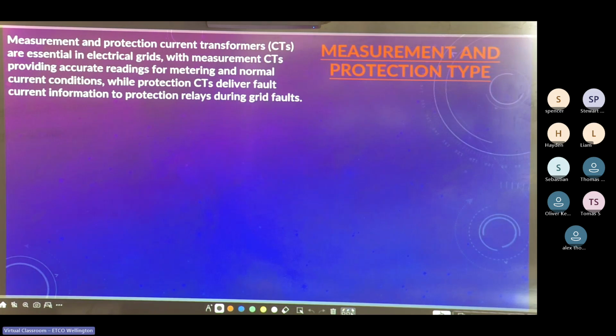So this is common with, for example, your normal motor control circuit or control circuit. You'd have a low current or low voltage switching the coil and the contactor, or in this case, a protection device carrying the high current or high voltage.